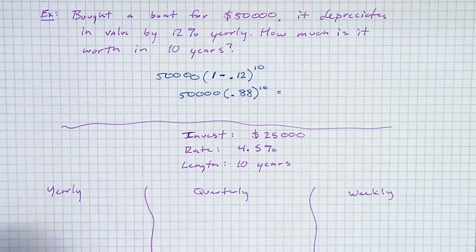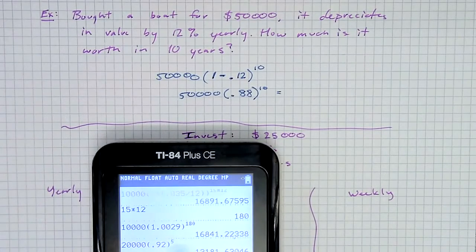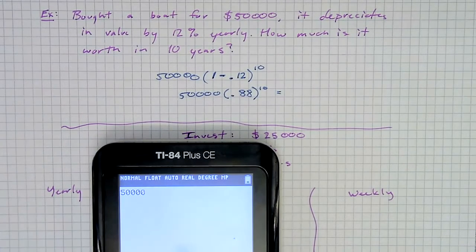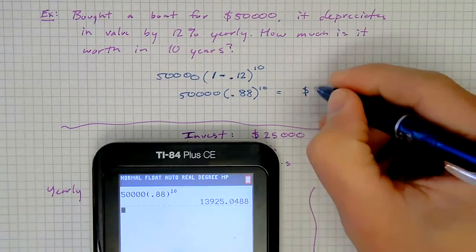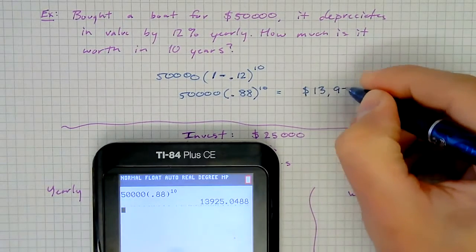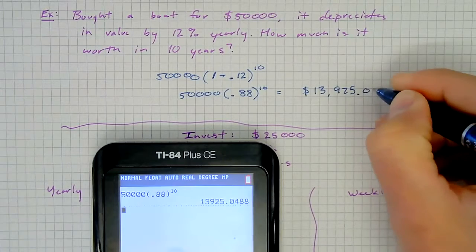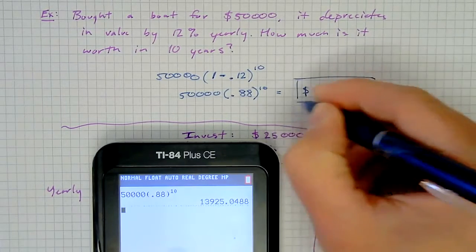Meaning that after 10 years, you're looking to resell your boat and buy a new one, it's worth about $13,925.05.